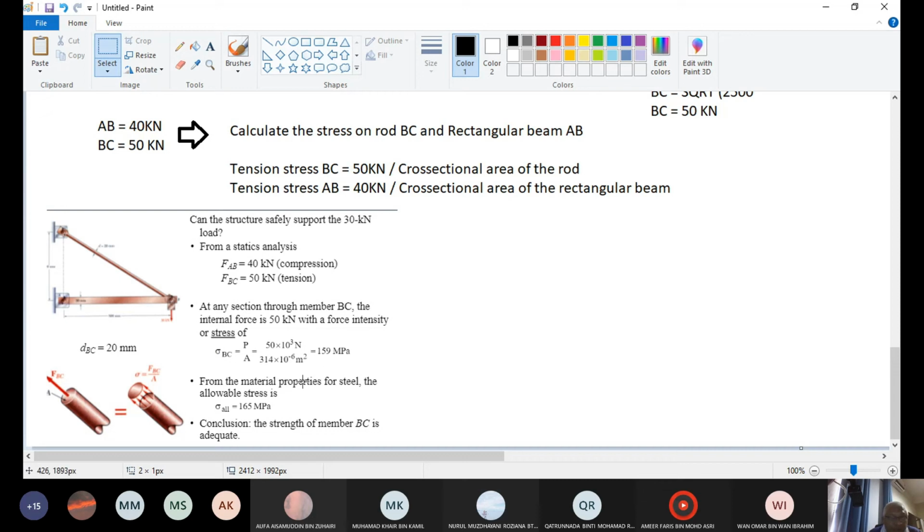If you use steel, steel strength is 165 megapascal. You apply the load at this point, which gives only 159 to the rod BC. Then you still have margin. The stress is lower than the strength, so this structure is safe and can carry the load.